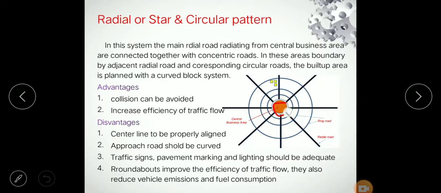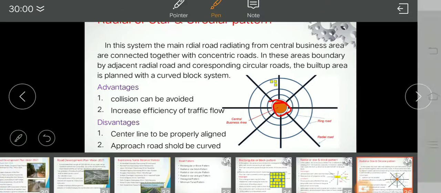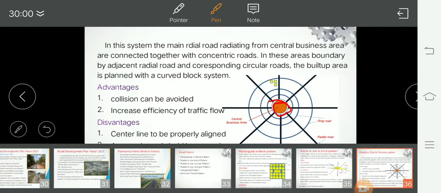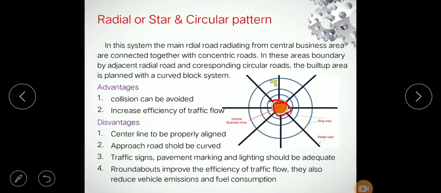This middle portion will be the central business area. The radial roads will be radiating outward and along the concentric roads which we see here, and in between these spaces you can see the blocks are prepared. So this shows the radial or star and circular pattern. Now there are also some advantages of this, like collisions can be avoided.